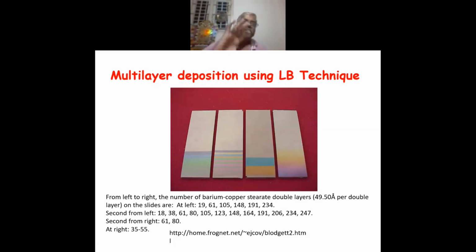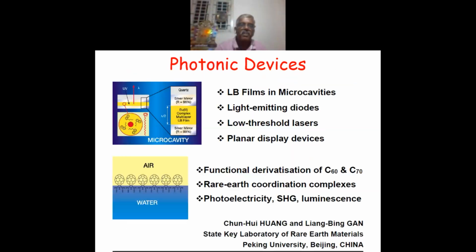So from this, I tried to use it for sensor application. Not only that, you can go for light emitting diodes, low threshold lasers, planar display devices. Sometimes you can use functionalized C60 fullerene. C60 is a fullerene. When you functionalize the nanoparticle, you can use it for different applications.